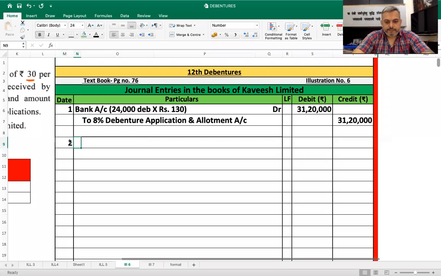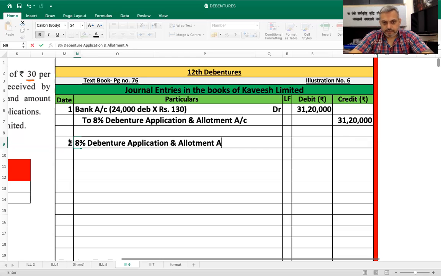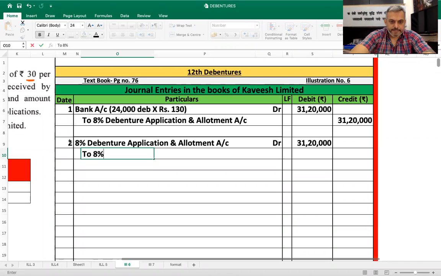Second entry: 8% debenture application and allotment account debit. First, let's create our debentures liability.